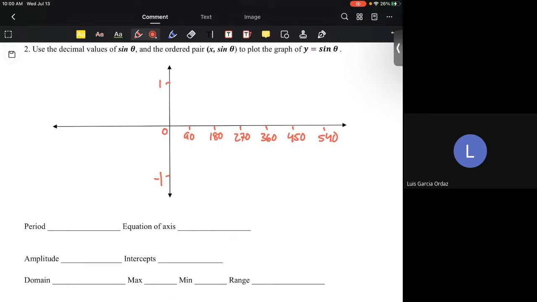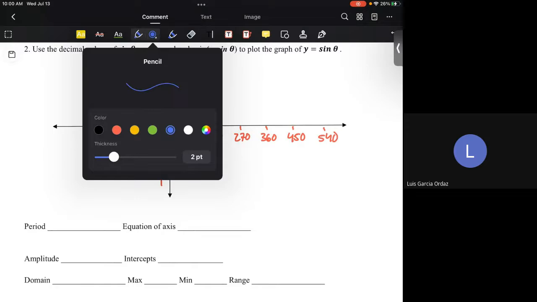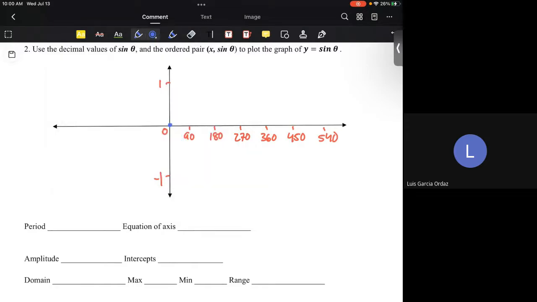Now let's plot the points. Sine of 0, we got 0. Sine of 90, we got 1. Sine of 180, we got 0. Sine at 270, we got -1, back to 0, back to 1, back to 0.